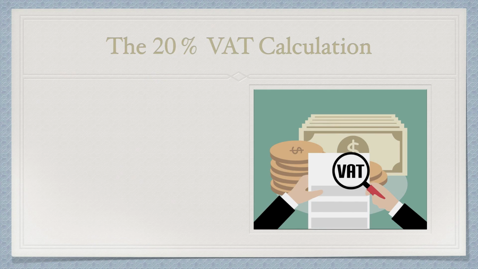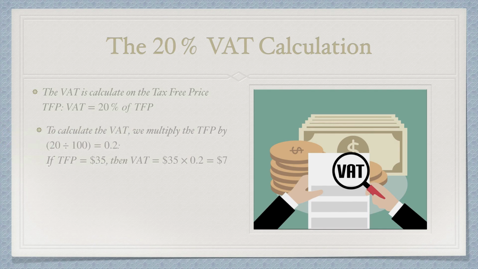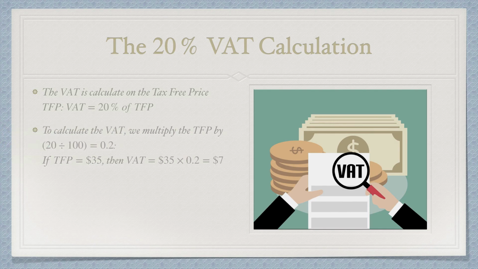Now let's calculate the VAT with a VAT of 20%. The VAT is calculated on the tax-free price TFP. VAT is 20% of TFP. To calculate the VAT, we multiply the TFP by 20 divided by 100, that is 0.2.